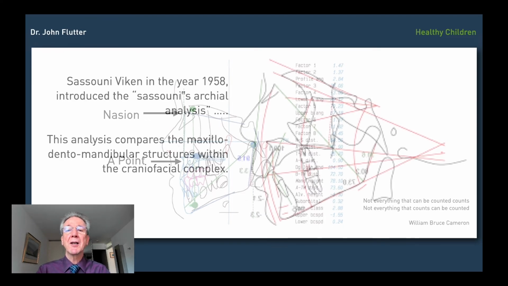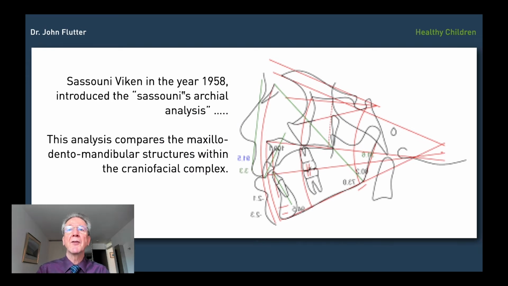The cephalometric analyses that do show that well are the archial type analyses, like the Sassouni analysis, but there are others, that compare the dentomandibular structures to the rest of the cranium. They generally show that the maxillary arch is retrognathic, and they're not widely used in orthodontics.